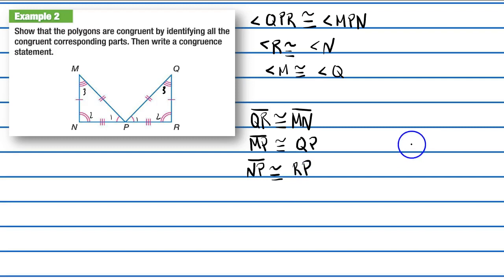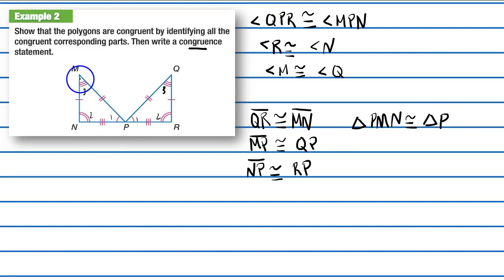But then they want us to make a congruence statement. We have proven that everything in this triangle is congruent to everything in this triangle. So the last thing we have to say is which triangles are congruent to each other. I have that triangle PMN is congruent with triangle, well, P started with 1, so I'm going to say P again.